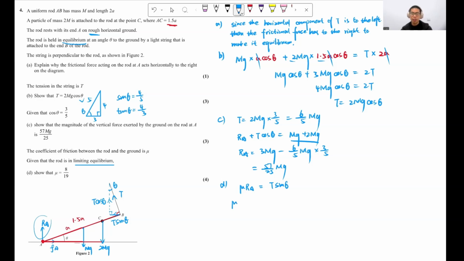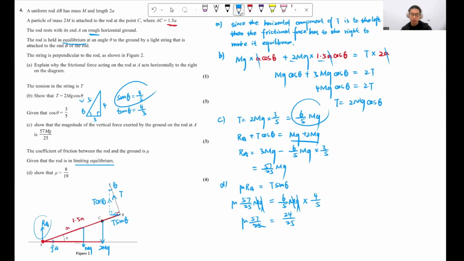And then we know everything we need. So RA is equal to 57/25 mg. We already know. And then tension is 6/5 mg, which we already worked out from before. And then sin theta is 4/5. So divide by mg for both sides. And then mu times by 57/25 is equal to 24/25.